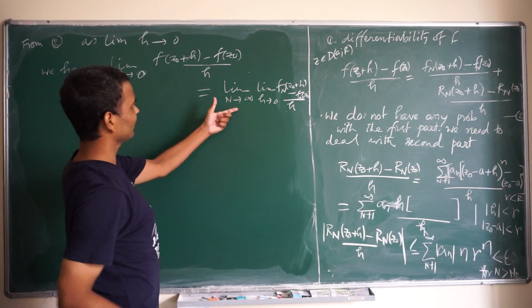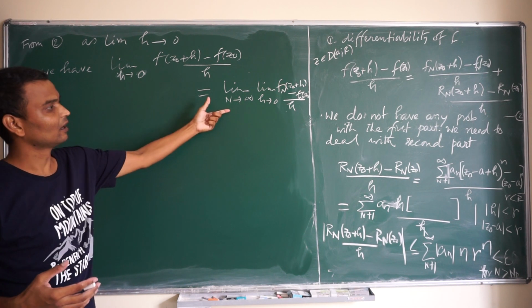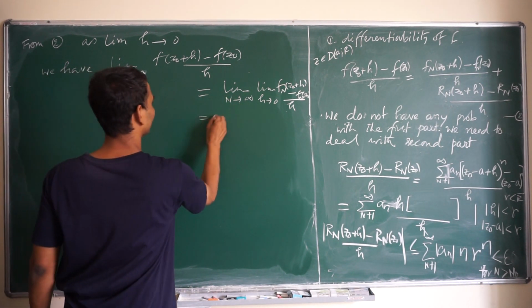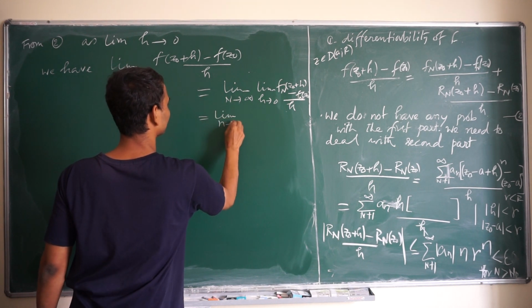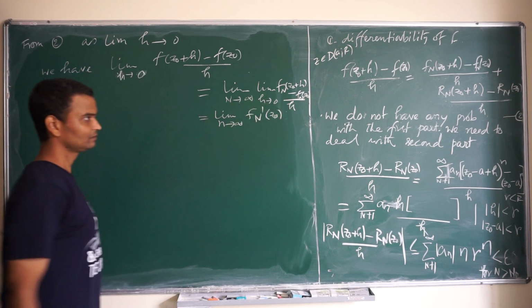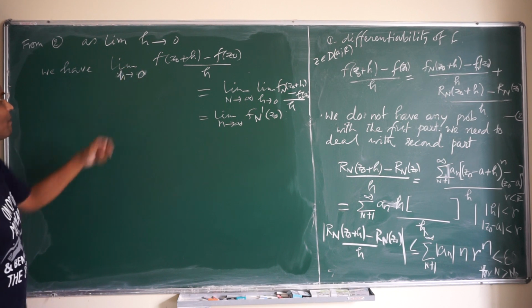So this is what you interchange, the limit and the derivative, two limits actually. So this is the limit n tends to infinity of fn prime z0, and this is f prime.